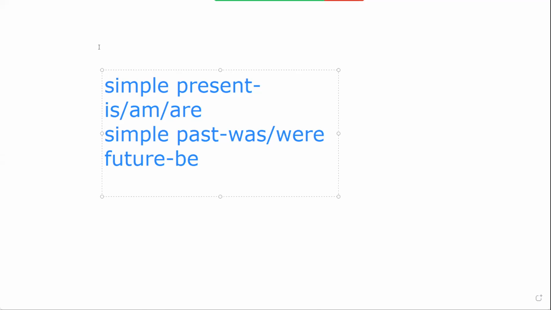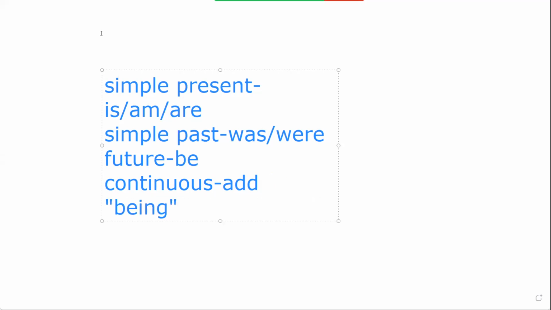Very good. If there is a continuous tense, whether it is present, past, or perfect continuous, you have to add one extra verb, and that is called being. Whenever it is a continuous tense, you have to put one extra verb.